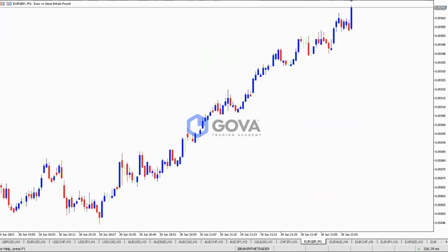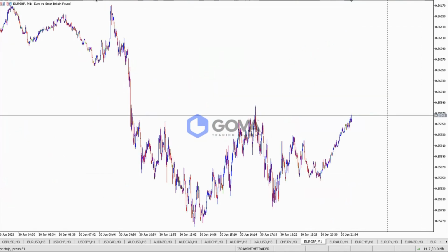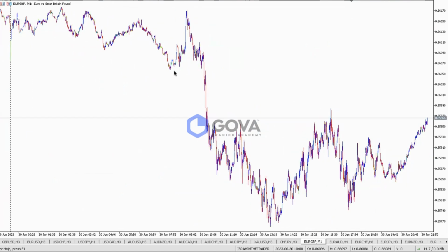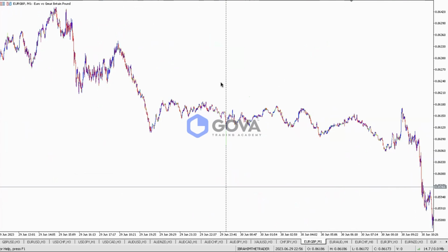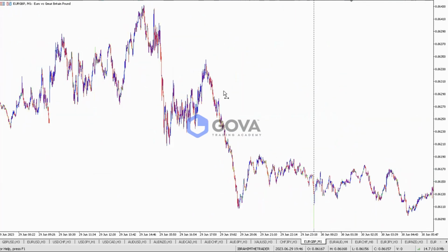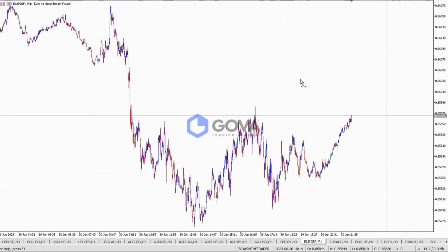So let me zoom in the candlestick here so that we can see the period separator. Okay, unfortunately, I'm not able to see the period separator on the 1 minute time frame in a whole picture unless I scroll to the left or to the right.